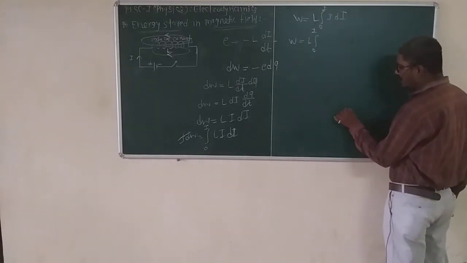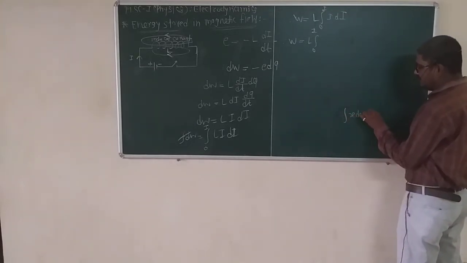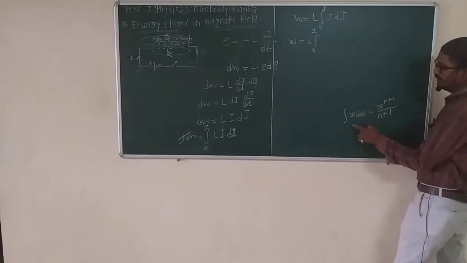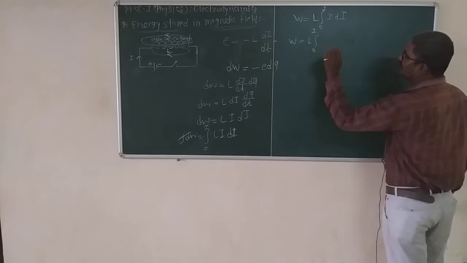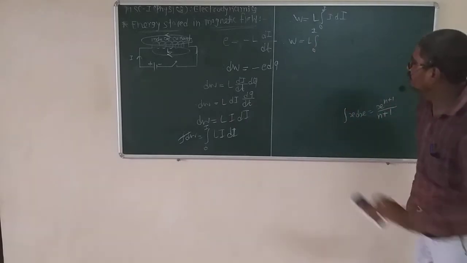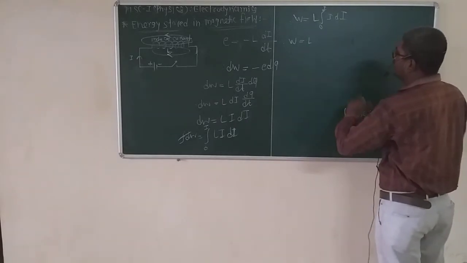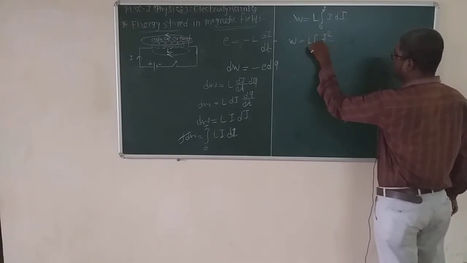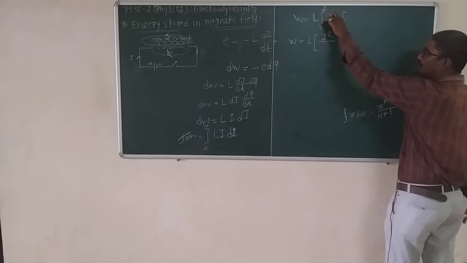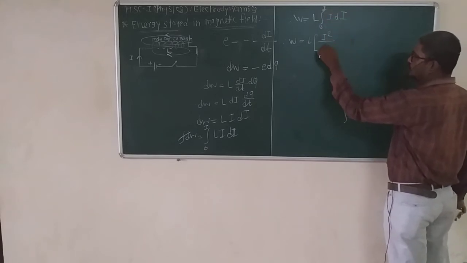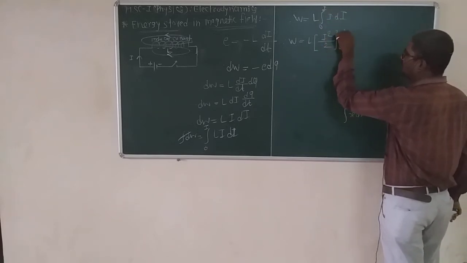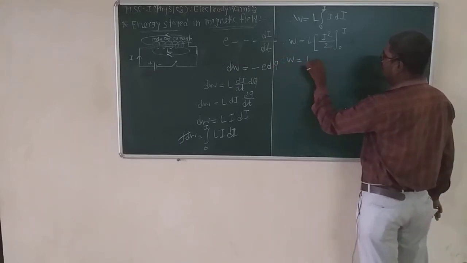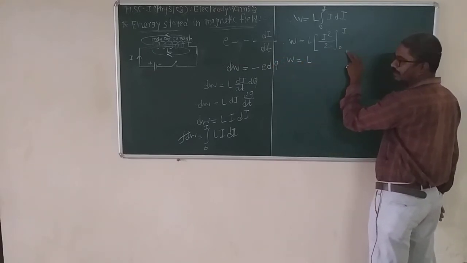We use the formula integration x raised to n dx is equal to x raised to n plus 1 divided by n plus 1. Then we write directly the integration, and that integration is i square divided by 1 plus 1, because power is 1, 1 plus 1 is 2, divided by 2, from 0 to I. Then we put upper limit minus lower limit: upper limit is I and lower limit is 0.